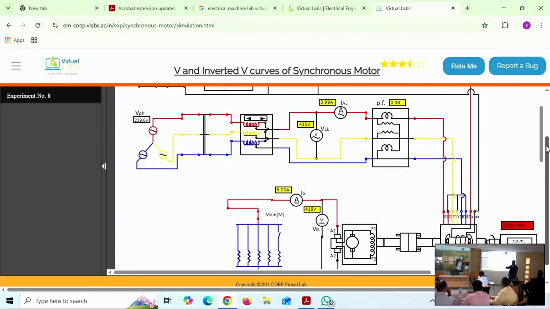For power factor correction purposes, one basic application of the synchronous motor is for constant speed machine drives, irrespective of the load. If we want to keep the speed of the machine constant, these are the motors we are employing nowadays in EV vehicles.